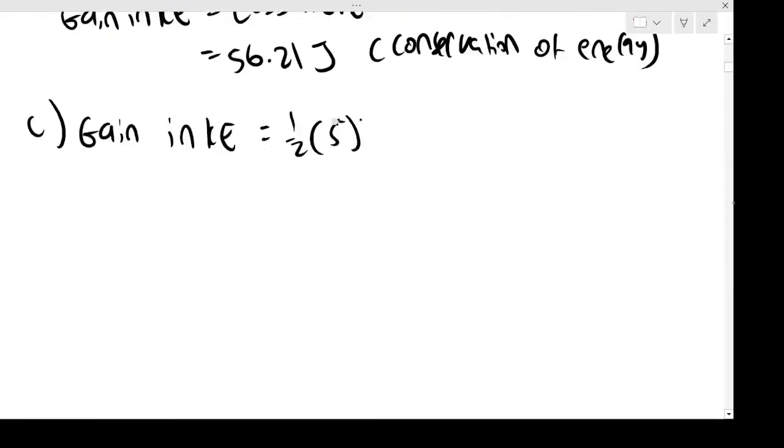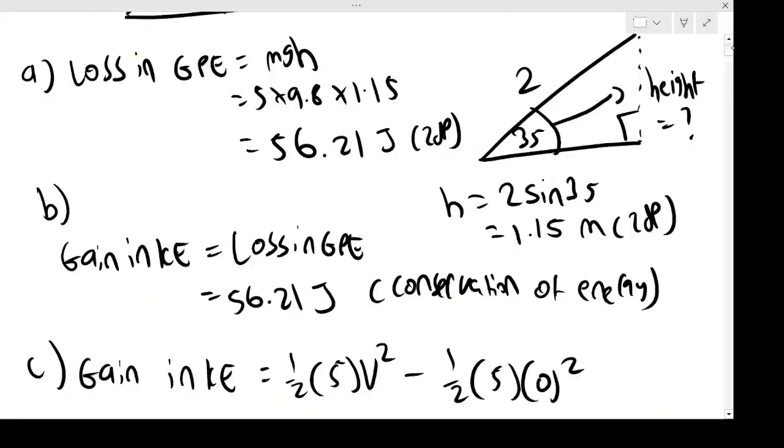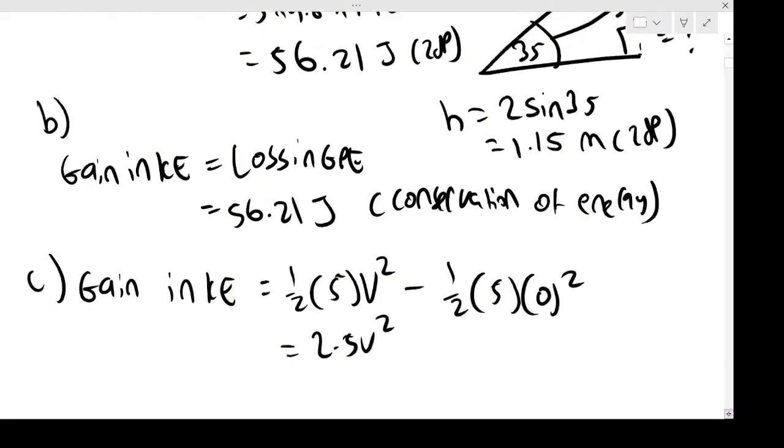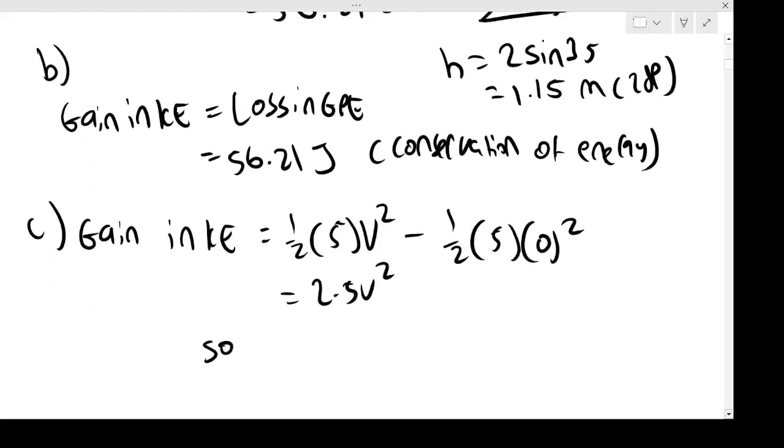So it's going to be half times 5 times v squared, minus the initial, which is half times 5 times, well, it was at rest, right? So it had no speed. So simply, that's just going to be 2.5 v squared. And that has to equal this 56.21 because they're the same, right?